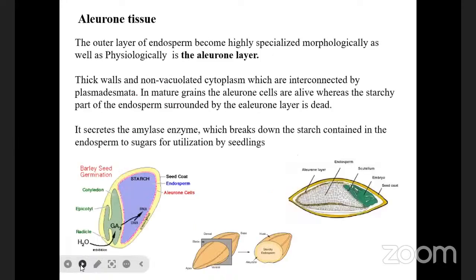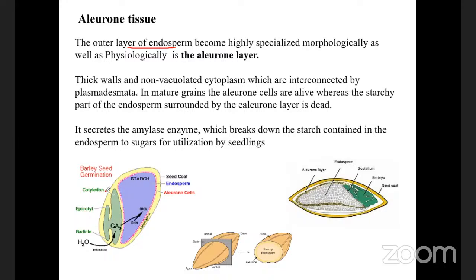Maize and Zea mays. And one more important thing is the aleurone layer. It is very, very important for every seed. The aleurone layer is very, very important in the endosperm. It is very useful for the seedling, for the germination of the seed. The endospermic aleurone layer is the outer layer of the endosperm.